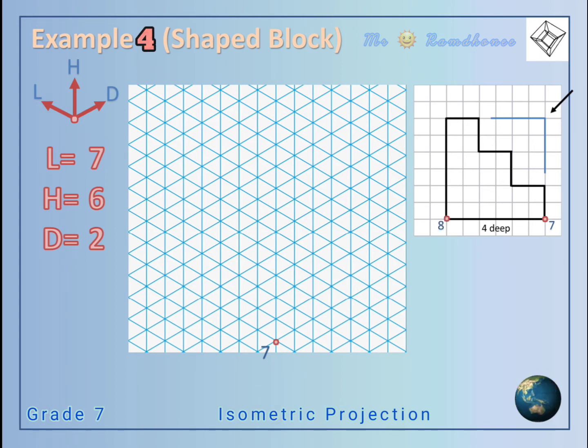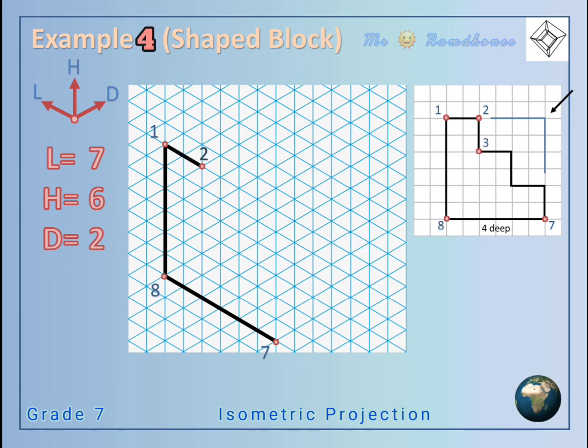Since point 8 is to the left and the length line is in the direction like this, we have to move to the left, and we have to move 6 triangles. And once we have drawn the line, we are going to move to the next part, which is point 1. Point 1 is 6 high, so we have to count 6 triangles to obtain point 1. Then point 2 is to the right, it moves in the right direction like this.